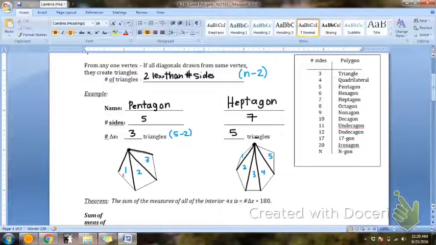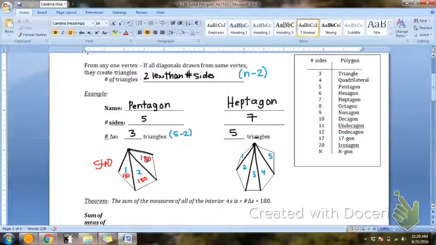So I have 180 in here, I have 180 in here, and I have 180 in here. So if I were to add all 3 of those triangles together, what is 180 plus 180 plus 180? 540. So we got 540. And we got 540 because we took the number of triangles, multiplied it times 180.